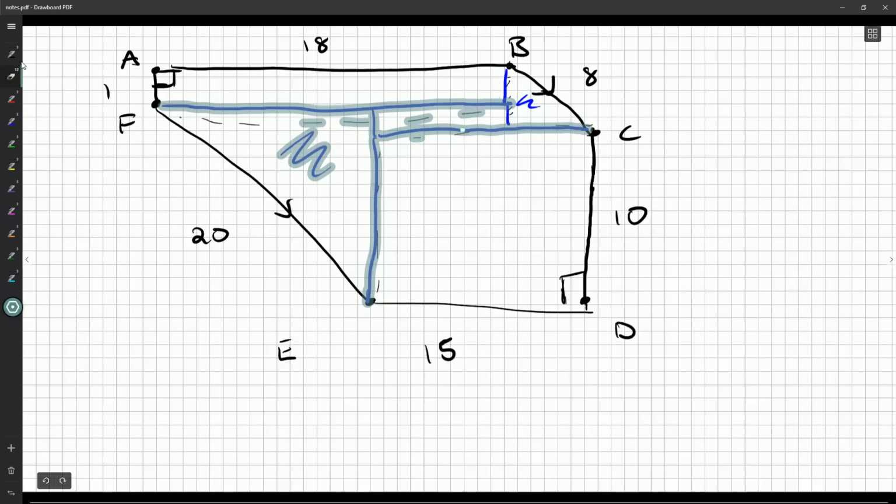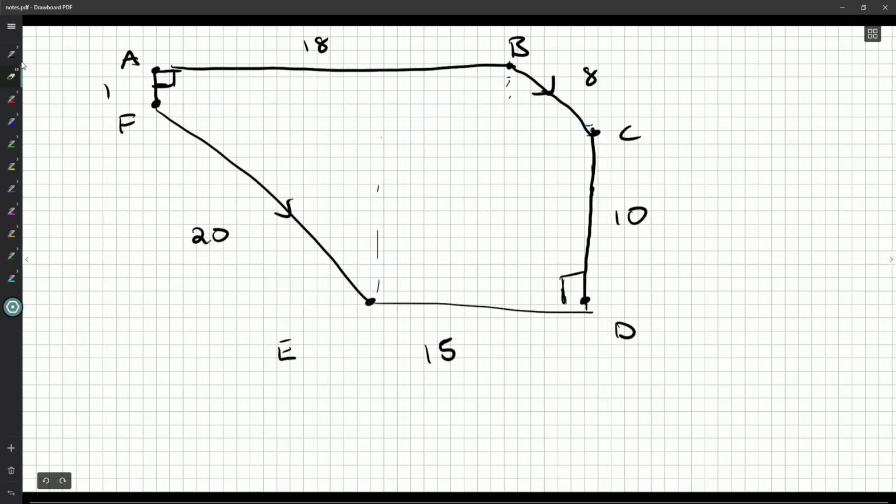But there might be a problem. Because what if my drawing is not accurate enough? What if we have some overlap? We don't want to count extra area. So it's kind of tricky.